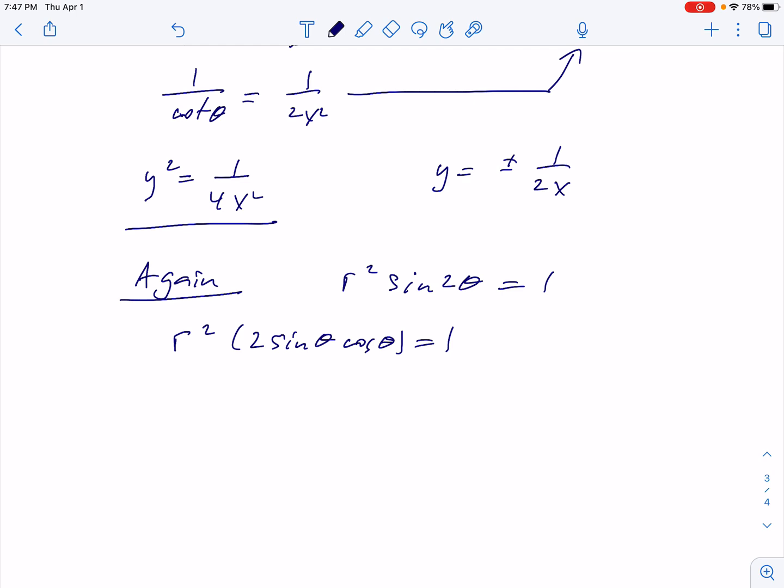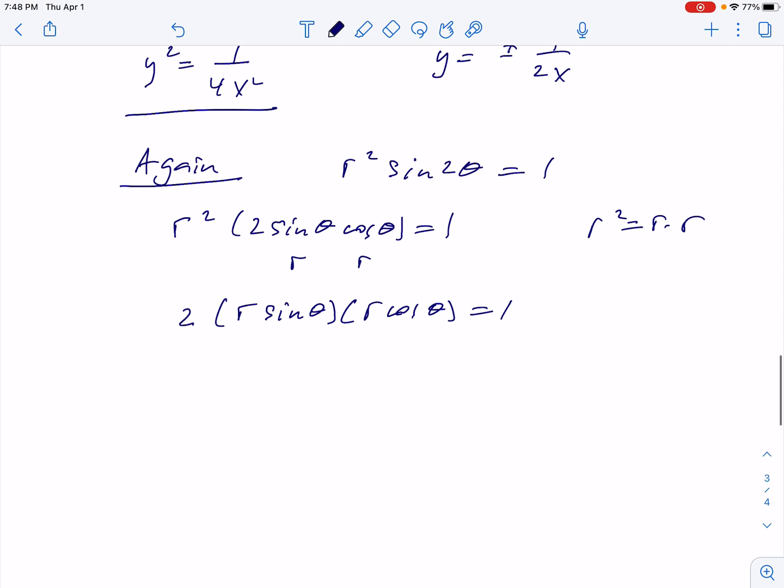And then I can actually distribute r squared. r squared, I can write r times r and put r with sine, r with cosine, and then this will be 2 times r sine theta multiplied by r cosine theta, and this equals 1.